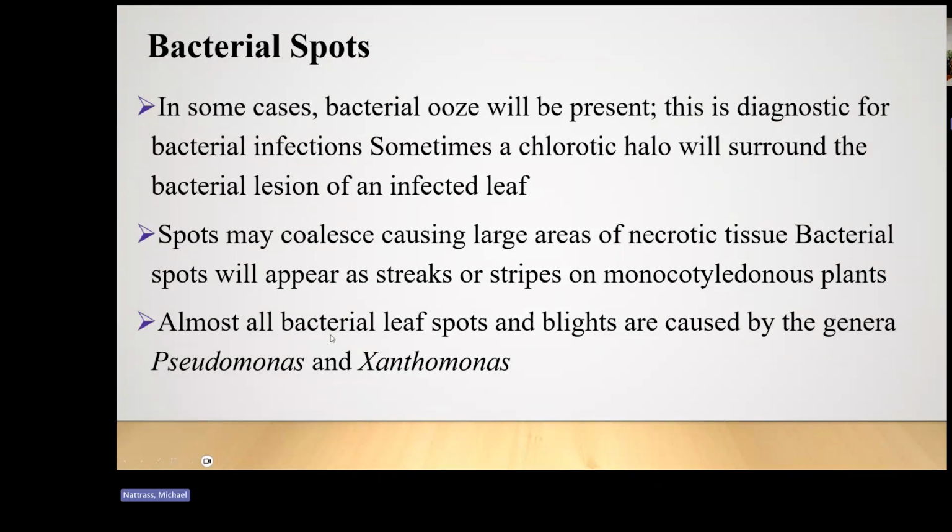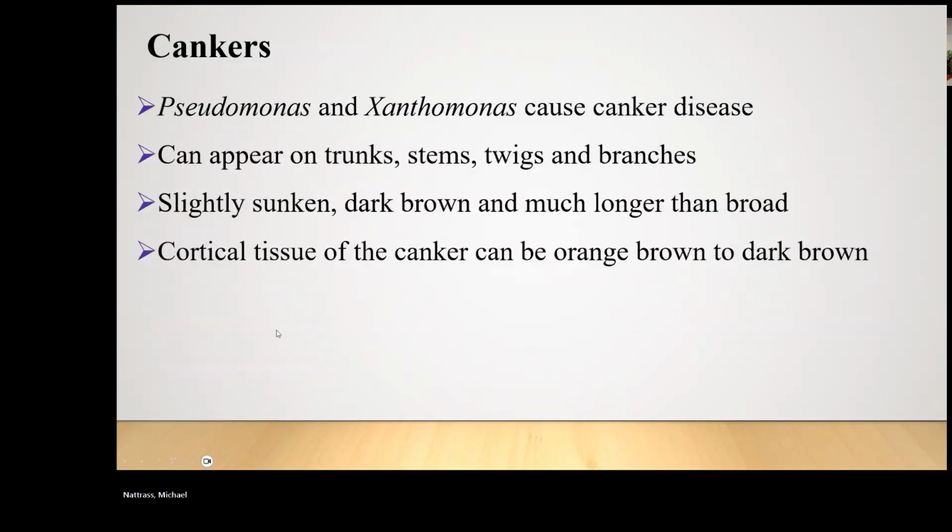Almost all of the bacterial leaf spots and blights are caused by two species, Pseudomonas or Xanthomonas. Because we know those species, we know what their background is, what their shape is, and whether they're gram positive or gram negative. And then we have chemicals, antibiotics that we can use to combat that.